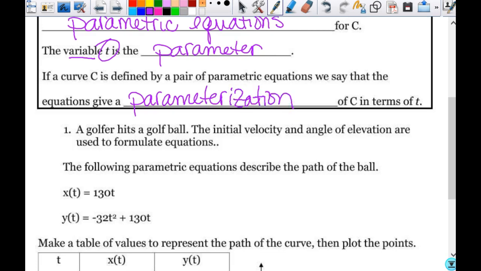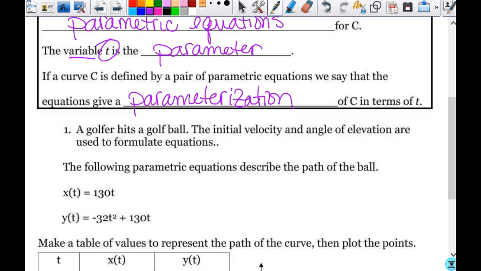It's your $5 word for the day. Parameterization. You have a parameter, which makes a parametric equation, therefore it's a parametrization. Just different forms of the word. We all good with that?